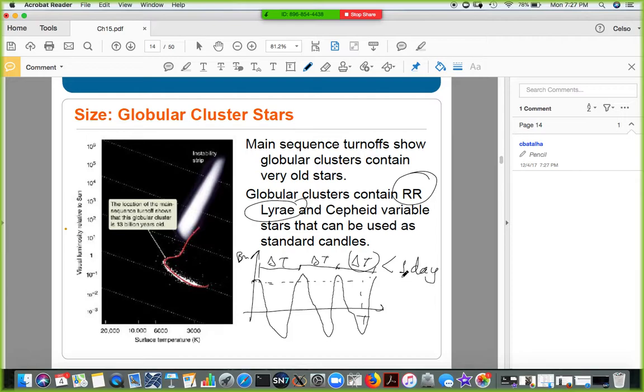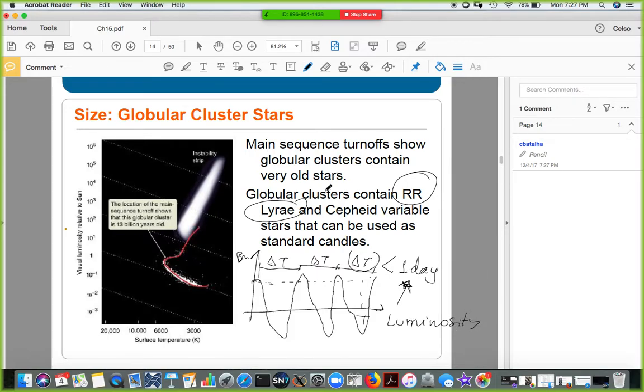And what astronomers knew at that time was that if you find an RR Lyrae anywhere and you measure this time of pulsation, you can determine their luminosity. Oh, how important that is.